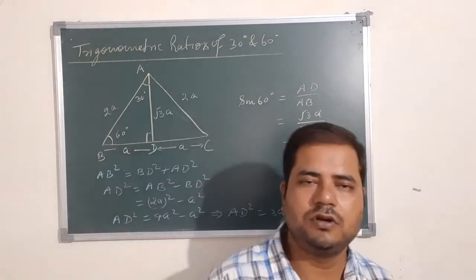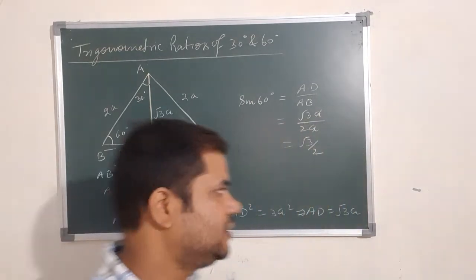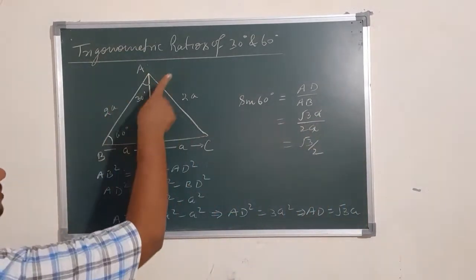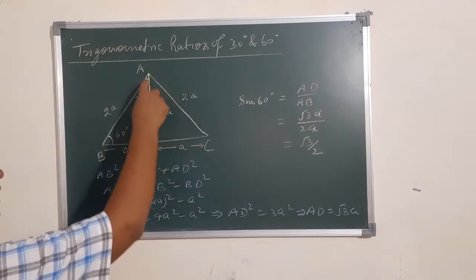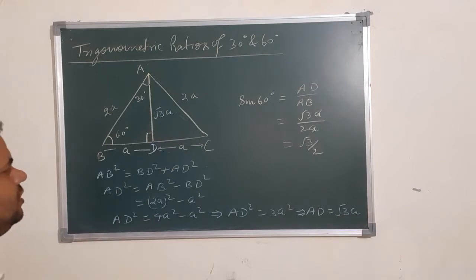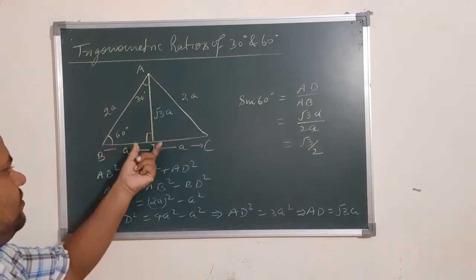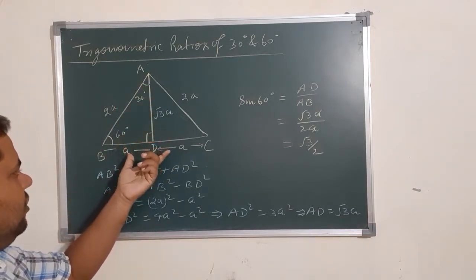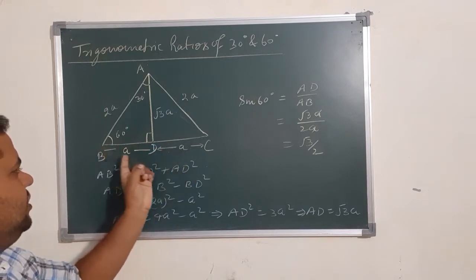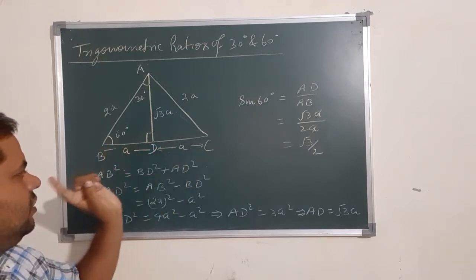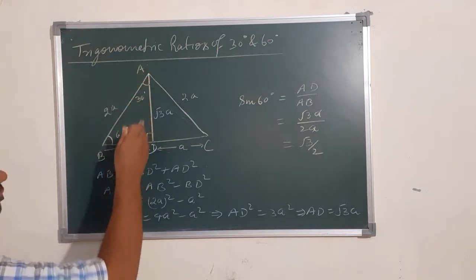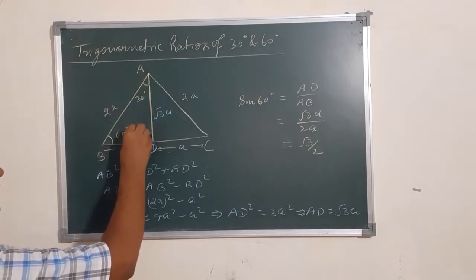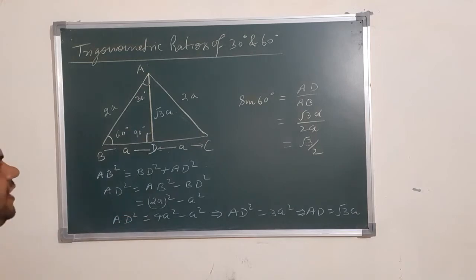I hope you have completed this one. Again I just explain to you. This is the equilateral triangle of side 2A and we draw a perpendicular bisector here. Then this bisector is a median also. That's why this particular line BC is divided in two equal parts, A and A. Then we use the Pythagoras theorem and find AD because this is 90 degree.